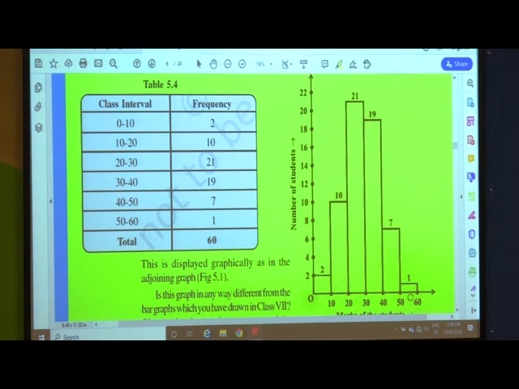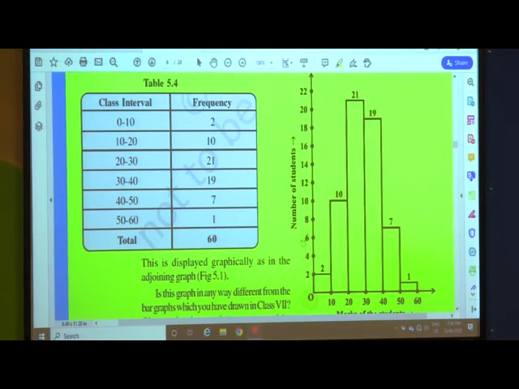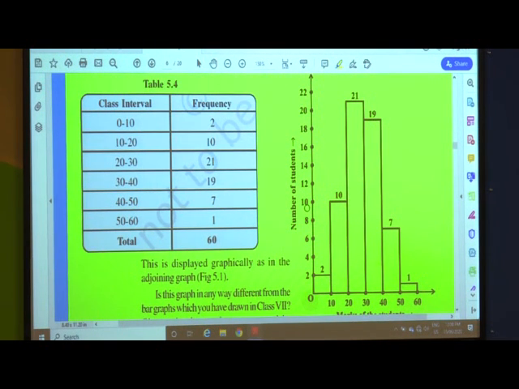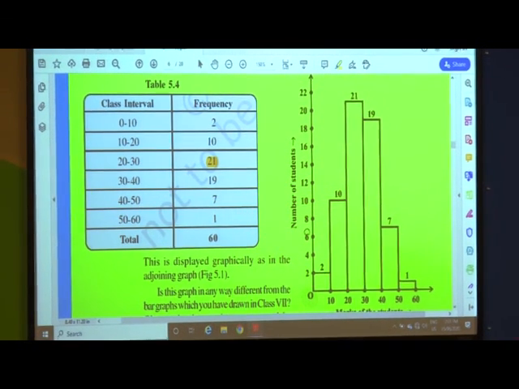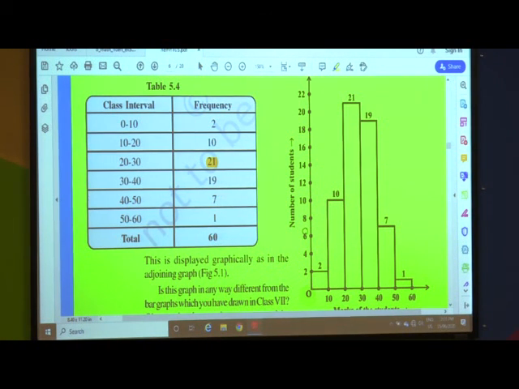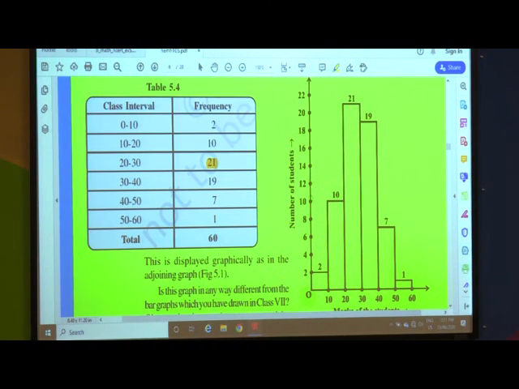And on the y axis is the number of students: 2, 4, 6, 8, 10, 12, 14 till 22. Why till 22? Because the maximum frequency in the table is 21, so 22 is sufficient for us.